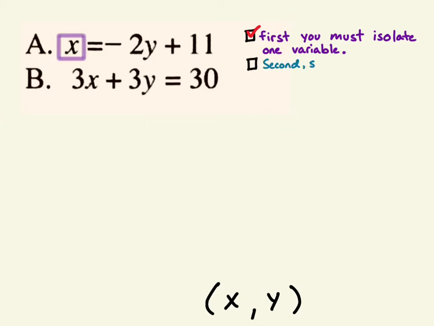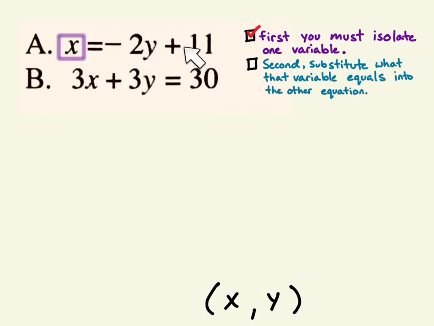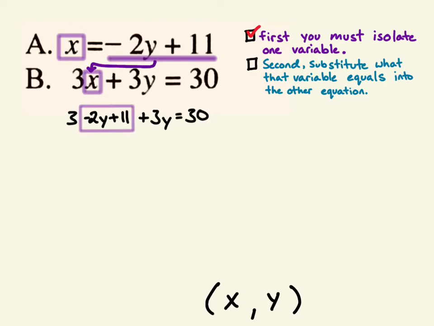This one, I'm substituting in that variable for x. So negative 2y plus 11 has to be put in for x. And you have to put this in parentheses because that's the total value of x, and it's being multiplied by 3.